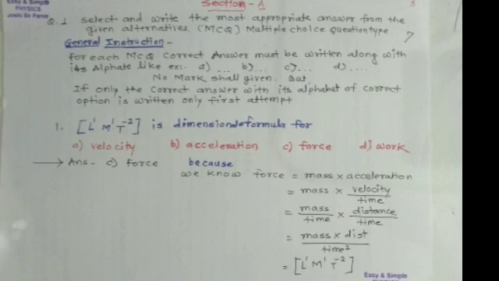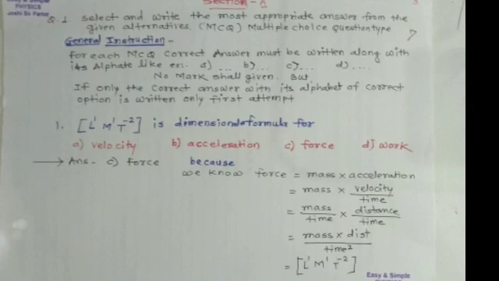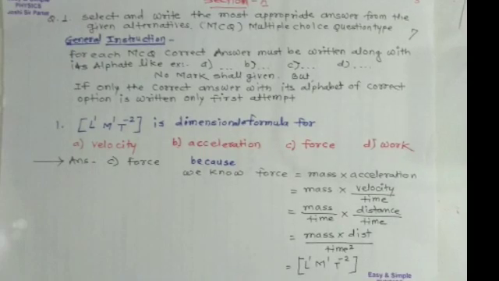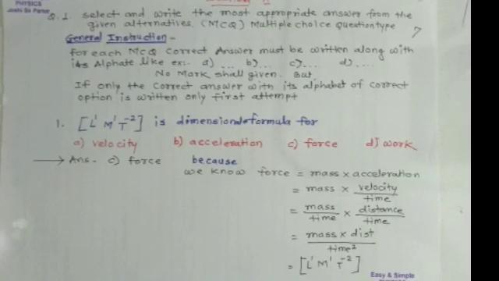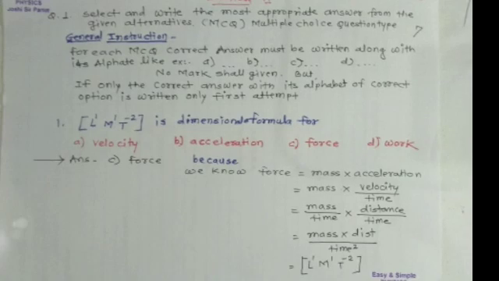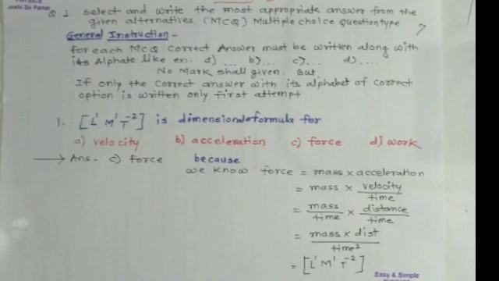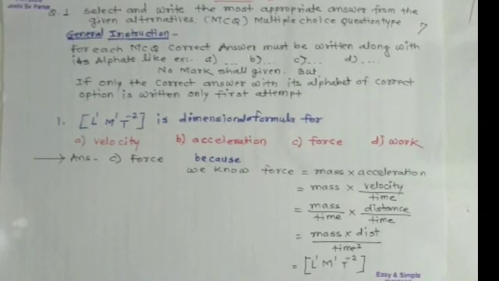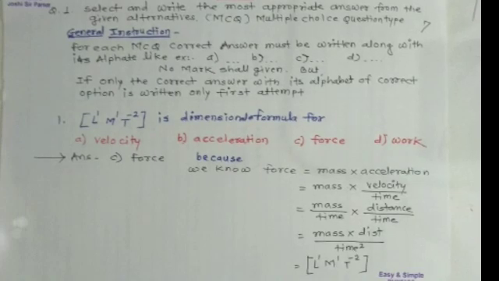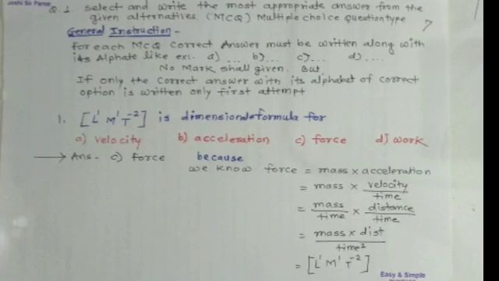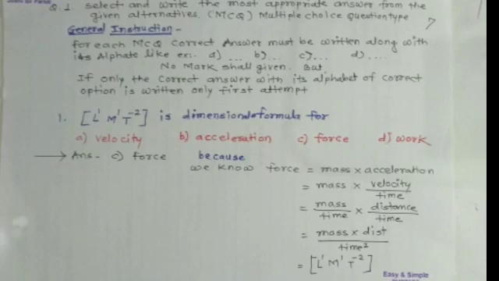Like, if the answer is A, then write option A. Similarly B, similarly C. But no mark will be given for the option word alone. You can write only the alphabet like A, B, C, D without the option. If you write only the correct answer with its alphabet, then we can write only in the first attempt.